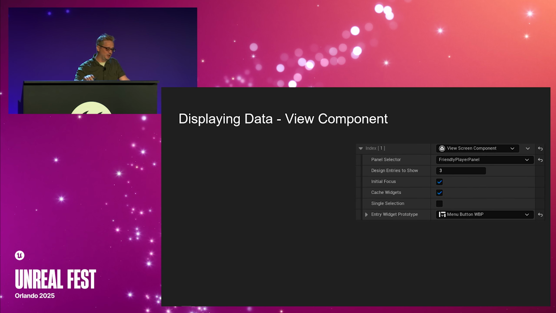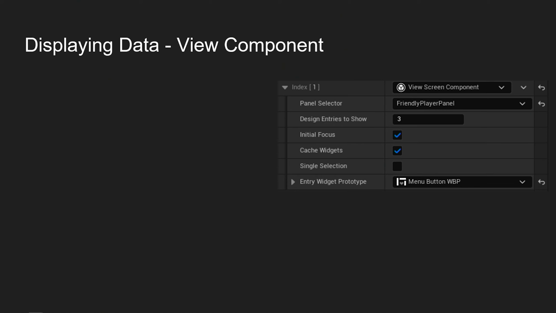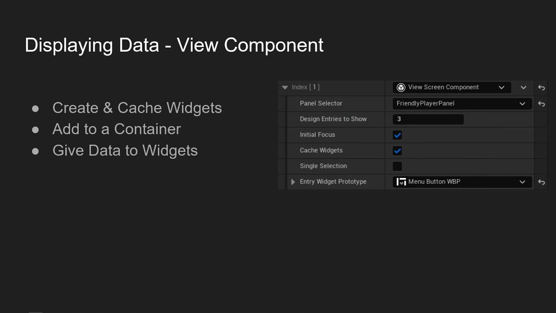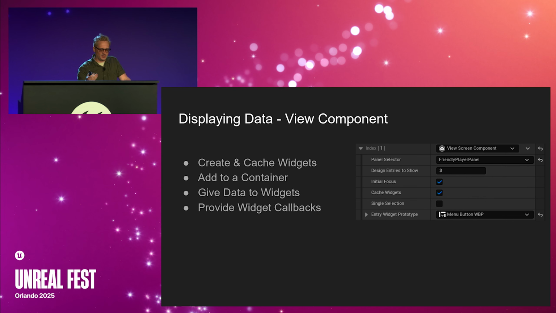All right, we've got to display our data, so we're going to make something called a view screen component. What this is responsible for is creating and caching all of our widgets, and adding them to a container that we choose. It gives data to widgets, and something we found helpful is that it will provide delegates for when any widget that it created hits something like somebody clicks on a widget or hovers over it.